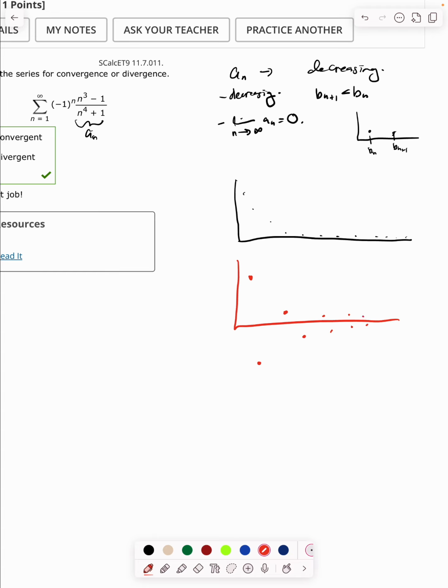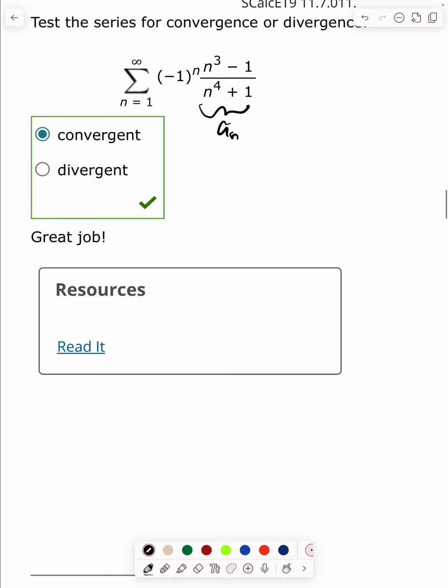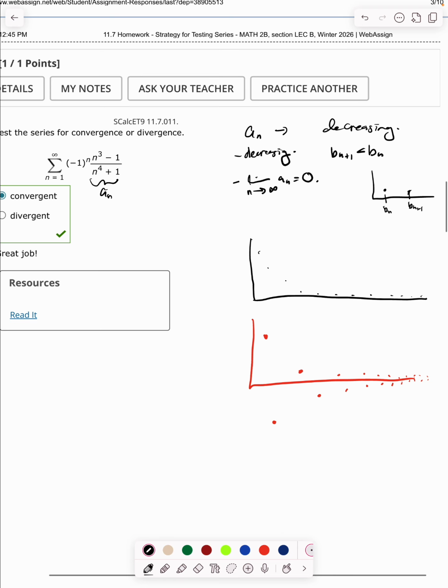But look what happens as n grows to infinity: each positive and negative is slowly canceling each other out. That's what we really want in a convergent series, because each piece cancels the next, and so it will probably add to a finite number.